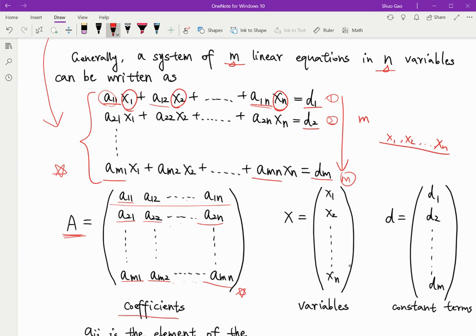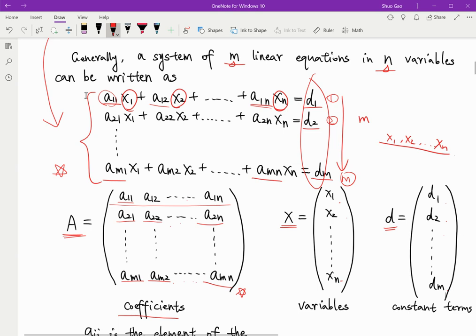And for the X matrix, the big X matrix, we just combine all the variables we need to solve. So that's x1, x2 to xn. It's like a vector or a list of the variables. And for the matrix D, we combine all the constant terms on the right-hand side. So D1, D2 until Dm, right? Those are the constant terms in the equation.